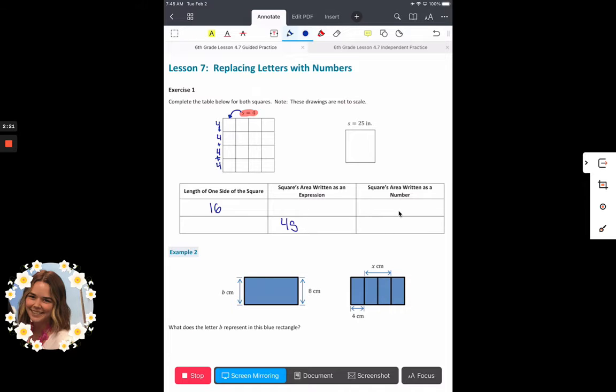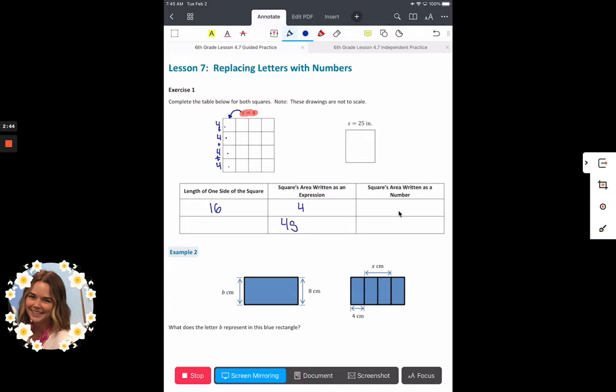In this case, we have 1, 2, 3, 4 s's, so 4 sides that we have to calculate. So in order to find one side, we have to multiply 4s, but then we also have to add 4s plus 4s plus 4s plus 4s.